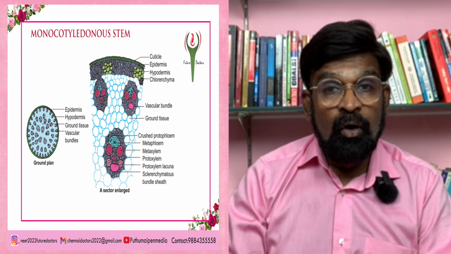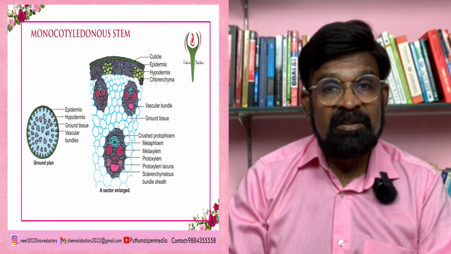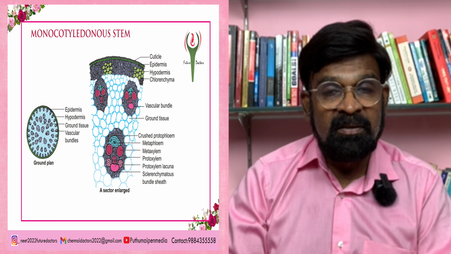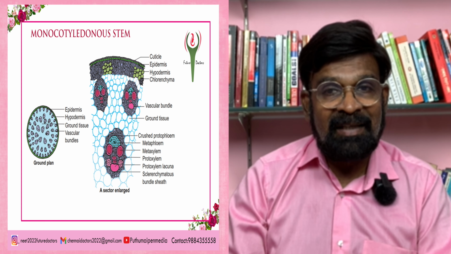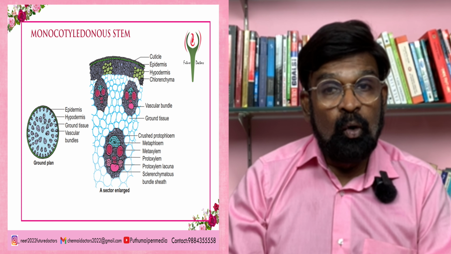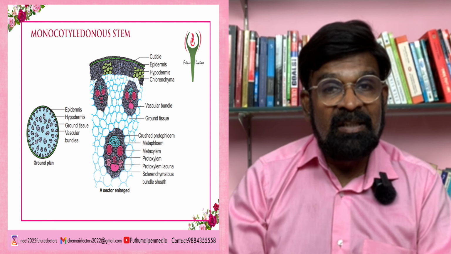Vascular system. Monocot stems have scattered vascular bundles. Each vascular bundle in the vascular strand is surrounded by a sheath of sclerenchyma known as bundle sheath cells.